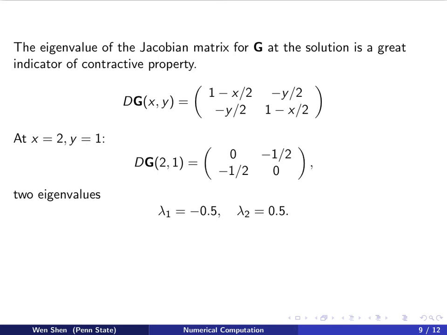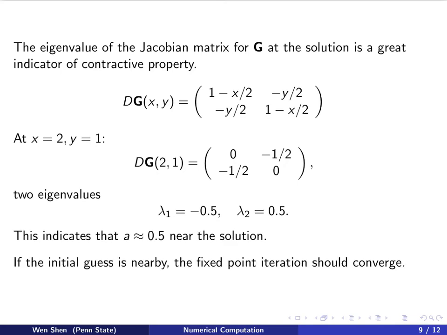And we see that both eigenvalues have absolute value less than 1. So this indicates that A would be 0.5 approximately near the solution, that is near the fixed point. So if you choose an initial guess not far from it, the fixed point iteration should converge.